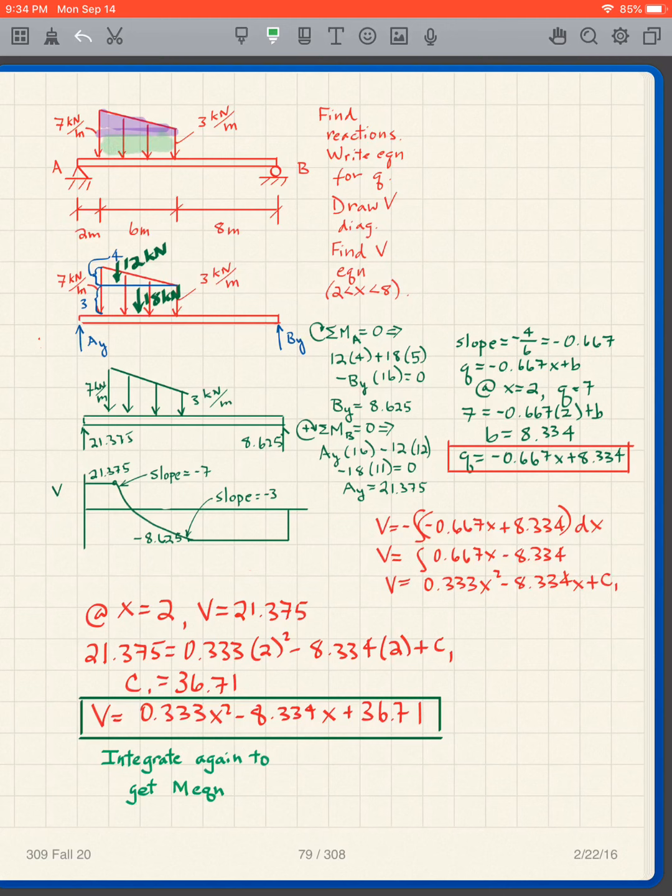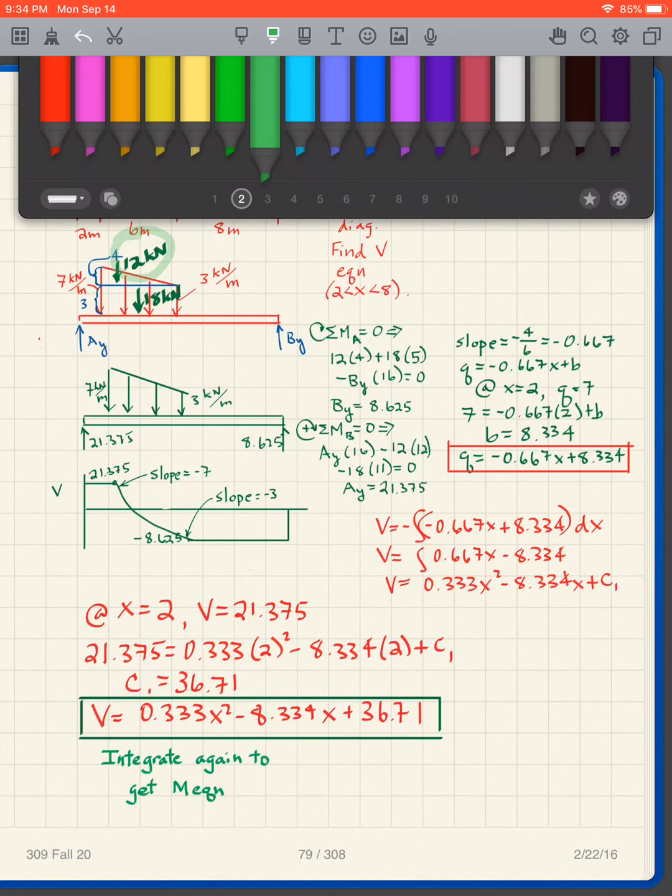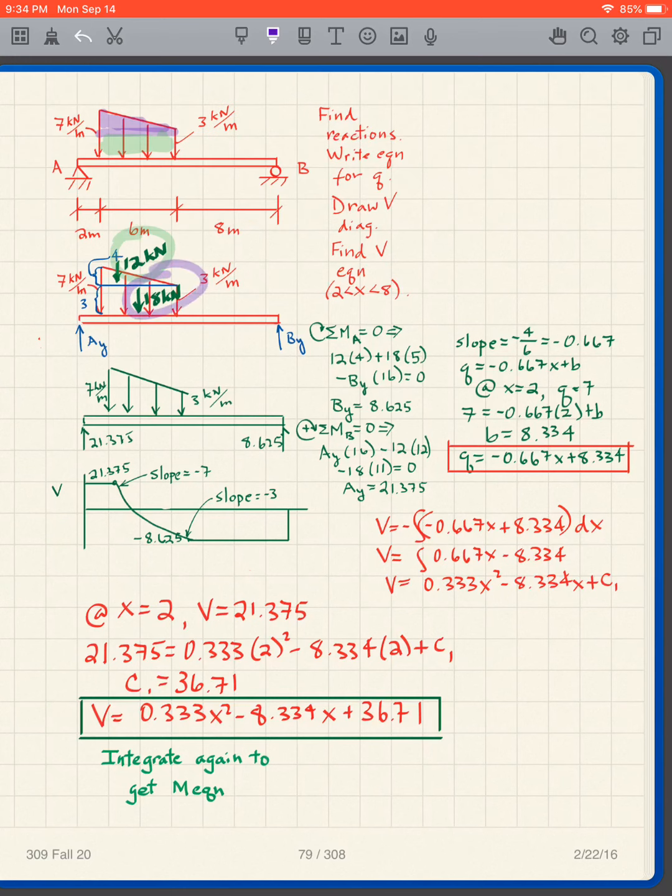For my triangle, I get 12 kilonewtons, and for my rectangle, I get 18 kilonewtons. And then I use the 1/3, 2/3 rule for the triangle and the center of the rectangle for that one. And like I said, once you've done that, you can pause the video and figure out how to get the reactions.